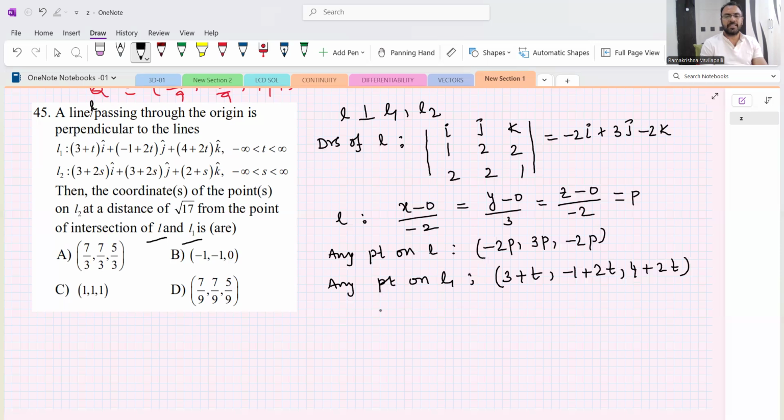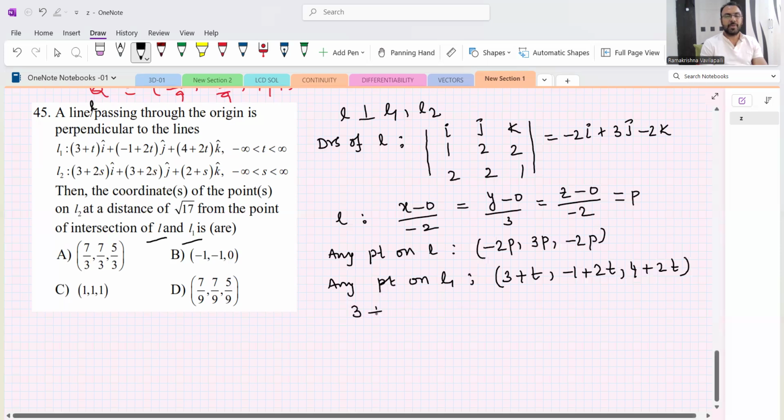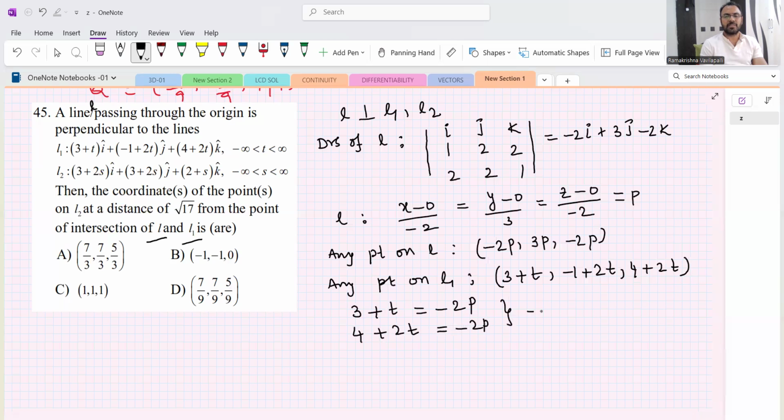Now we have to equate them. 3 plus T is equal to minus 2P. Z coordinate, I'll equate that 4 plus 2T is equal to minus 2P. Just subtract them. You will get minus 1 minus T equal to 0. So T is equal to minus 1.